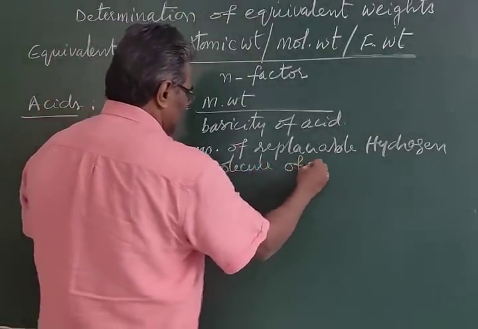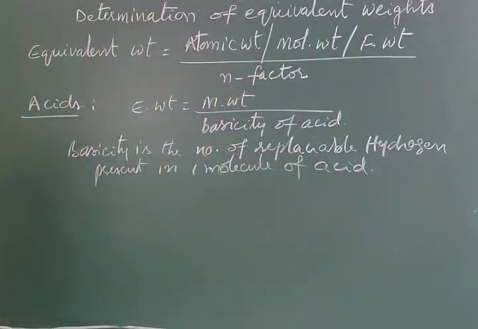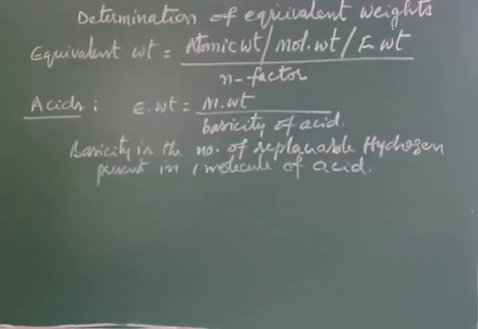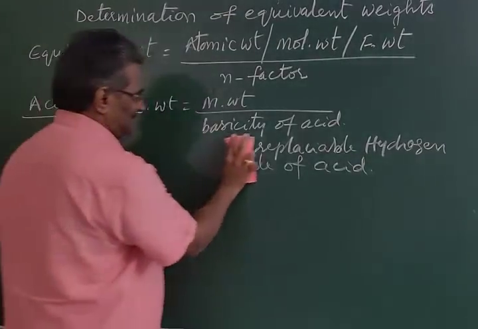Okay? For elements, equivalent weight is equal to atomic weight by valence. For acids, equivalent weight is equal to molecular weight by basicity of the acid.